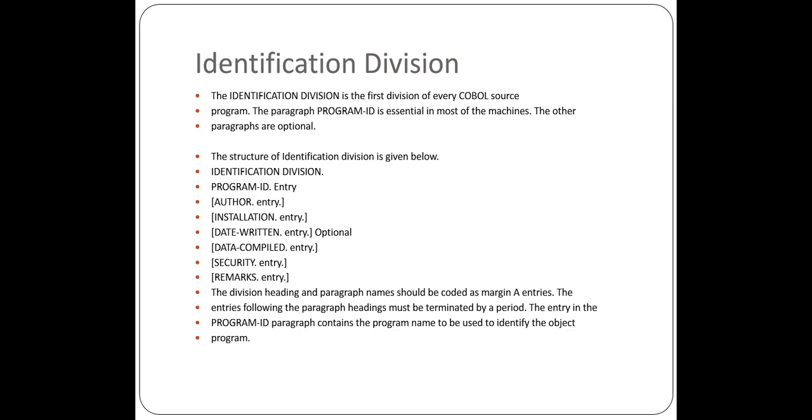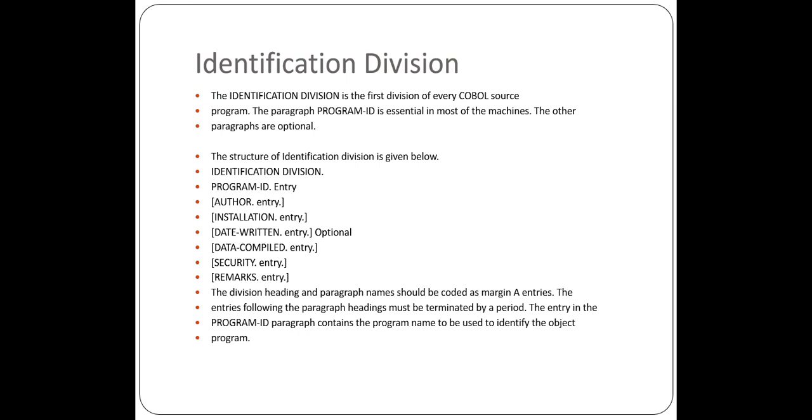You have some more paragraphs like INSTALLATION, DATE-WRITTEN, DATE-COMPILED, SECURITY and REMARKS. These are some additional paragraphs that we have over here. The division heading and paragraph names should always be coded under margin A entries.